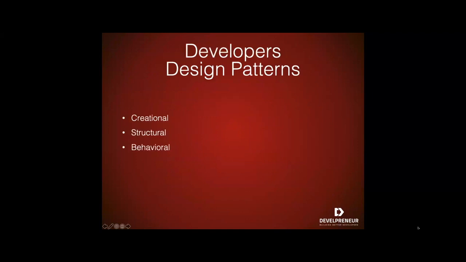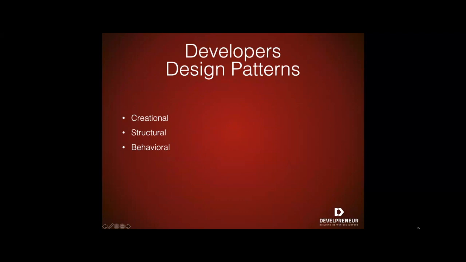So what kind of design patterns do developers use? Well, there essentially are three types of design patterns that these patterns fall into. We have creational, we have structural, and we have behavioral. In software engineering, creational design patterns are design patterns that deal with object creation mechanisms, trying to create objects in a manner suitable to the situation.